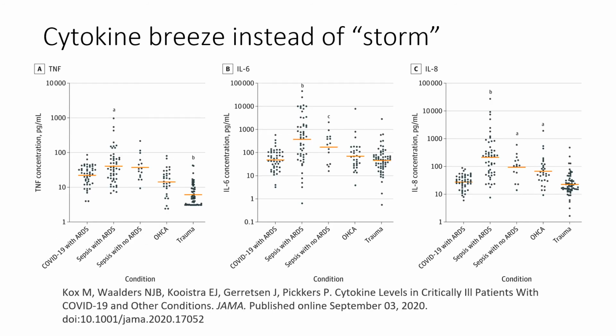Our findings are supported by other recently published data from a US group. They also found that COVID-19 ARDS had similar or lower IL-6 levels, IL-8 levels, and TNF concentrations compared to other ARDS groups.